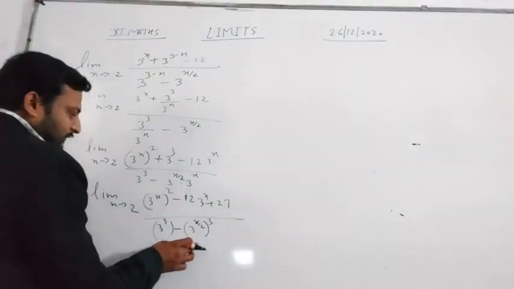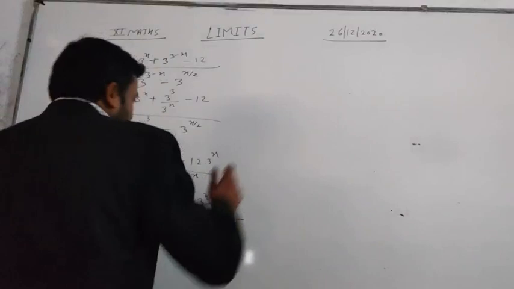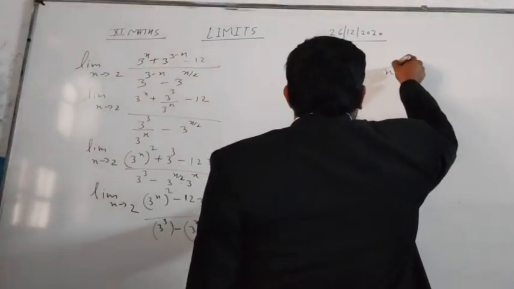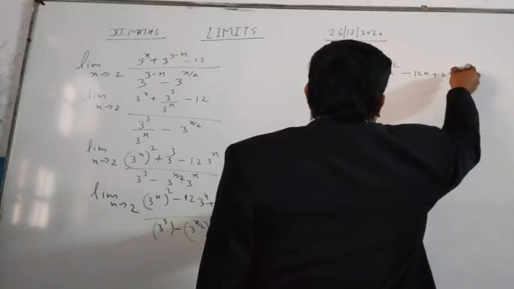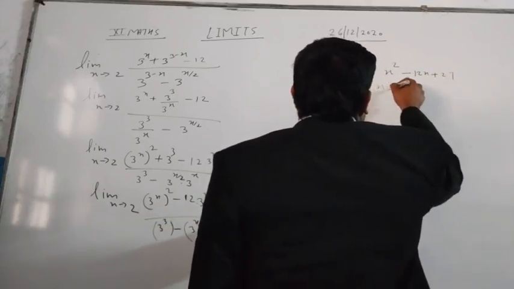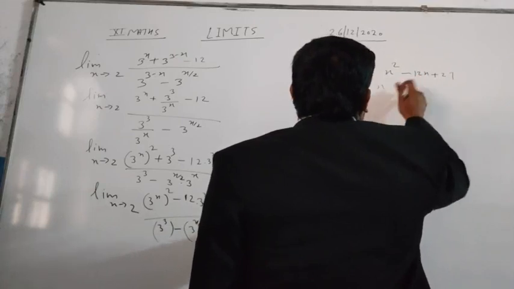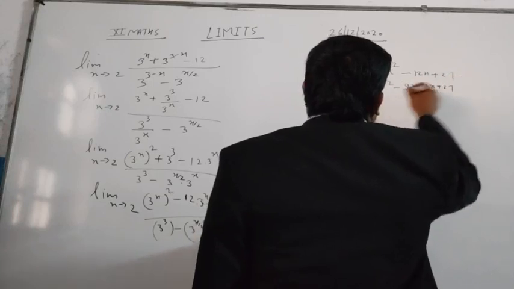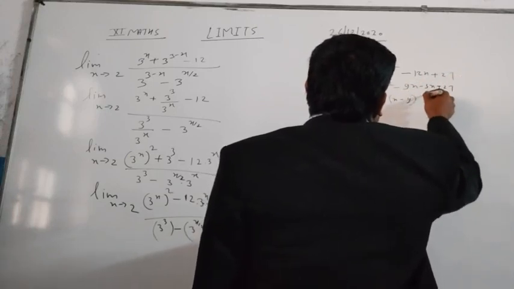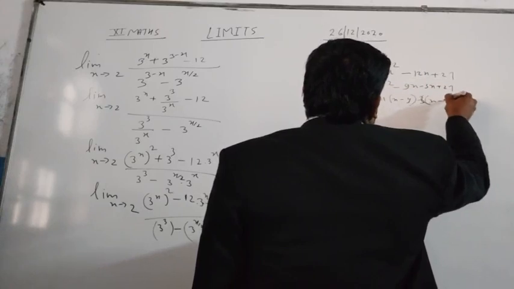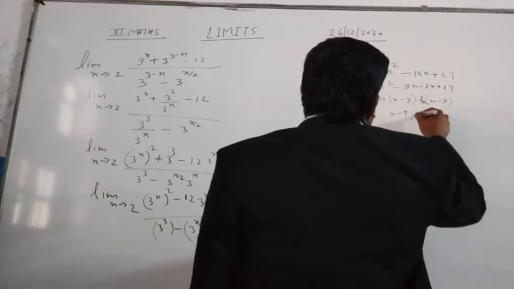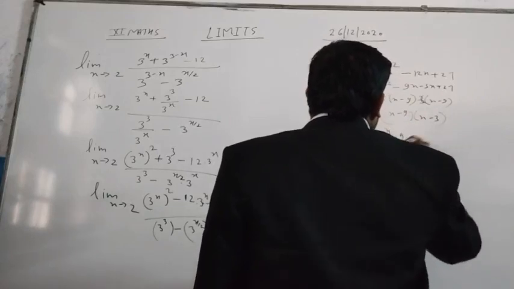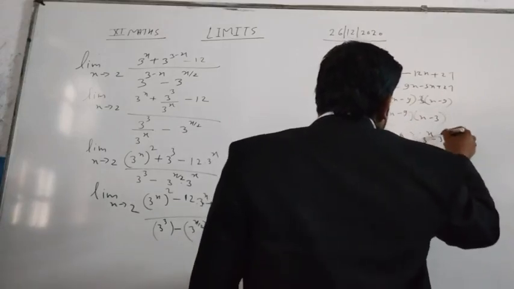Now here we are making the formula a cube minus b cube. Let 3 to the power x be a variable, so we write x square minus 12x plus 27. Now we factorize this: x square minus 9x minus 3x plus 27, x into (x minus 9) minus 3 into (x minus 9), so we are getting (x minus 9)(x minus 3), or (3 to the power x minus 9)(3 to the power x minus 3).